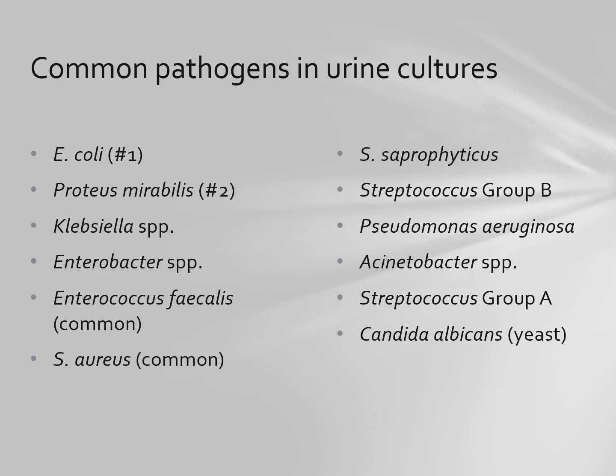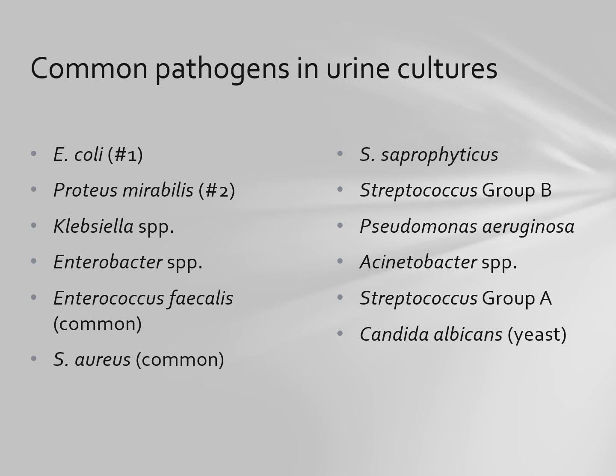Now, pretty much any organism could cause a urinary tract infection, but there are some that are way more common than others. For example, the #1 cause of urinary tract infections in healthy, middle-aged, sexually active women would be E. coli. The #2 cause would be Proteus mirabilis.